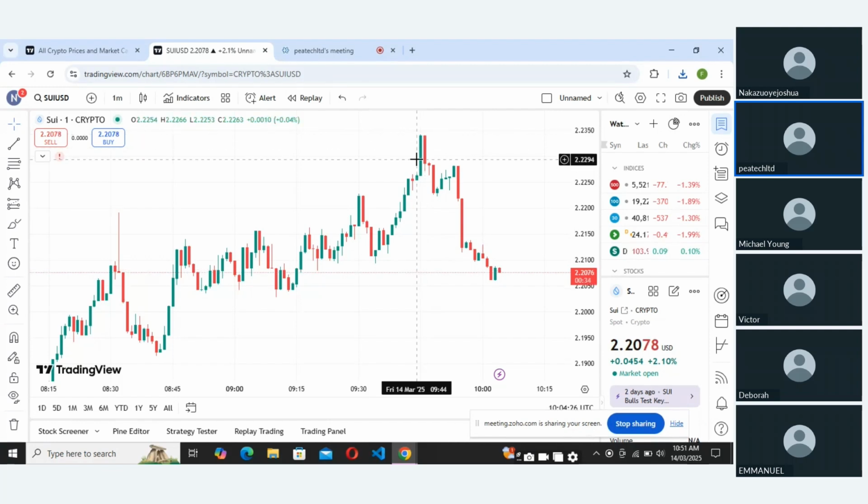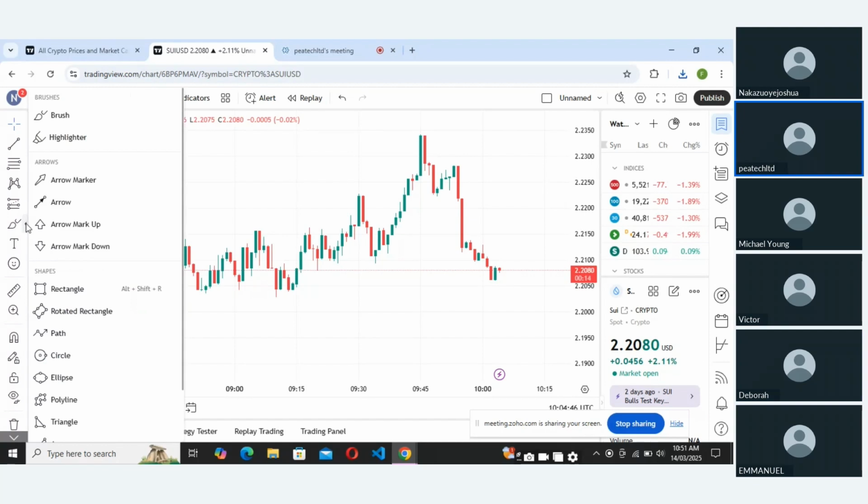Put your cursor there. Come down to the one that looks like a pencil, under the T. Yes, now right click on it. Click on that arrow. Exactly.